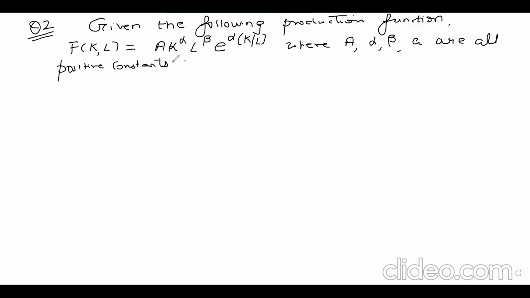And let me also make a correction here, guys. This is small a, please make a correction. So it's capital A, K to the power alpha, L to the power beta, e to the power small a times K by L. A, alpha, beta, and small a are all positive constants.